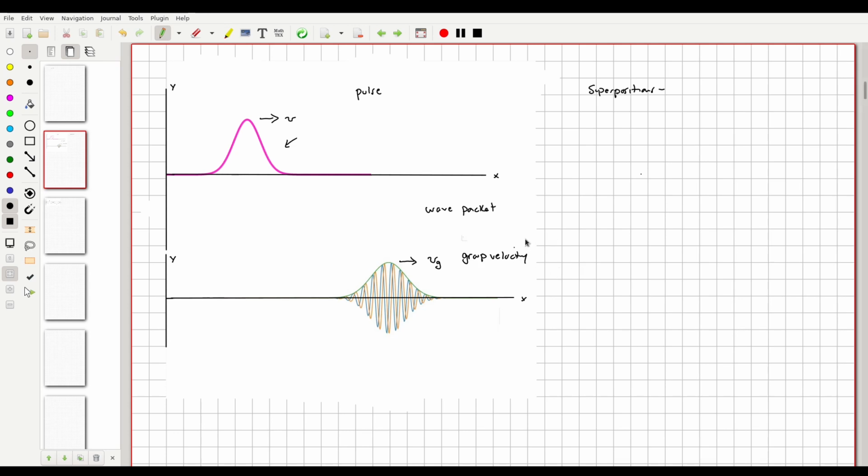Now not only that, the actual waves that make this packet up could be bouncing back and forth on the inside. So you have, like I said, a number of velocities present. You have the velocity of the packet itself as it moves to the right, but then you have the velocity of these little waves as they bounce back and forth on the inside, and the velocity of the ones on the inside we call the phase velocity. Typically, it's written as v sub phi. Okay, so this is phase velocity.